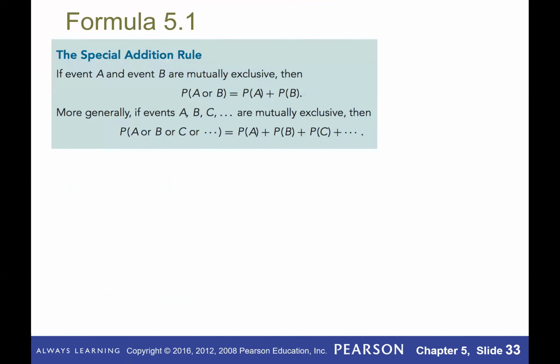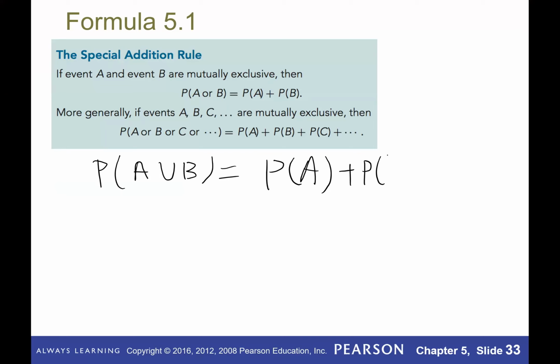So this is the special rule of addition. We know the rule for addition when A and B are not mutually exclusive: the probability of A plus the probability of B minus the probability of A intersection B. But in the case of mutually exclusive events, this part becomes zero.